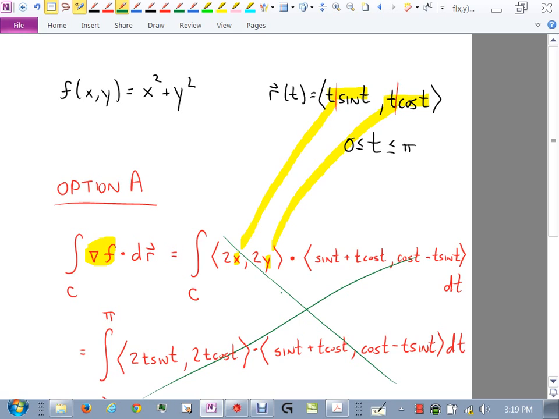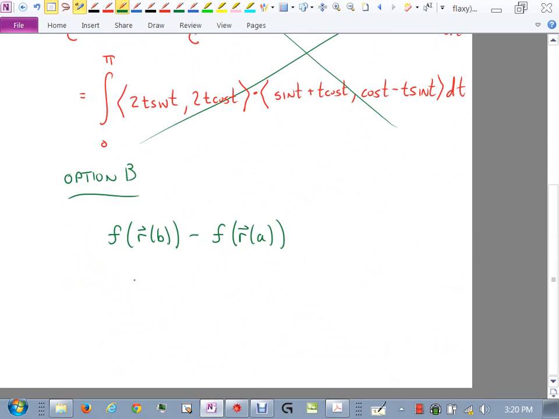Well, what's r of b? Remember what a and b are, right? A is 0, b is pi. What's r of b? So f of r of pi minus f of r of, it was 0, right? What's r of pi? It's a vector, right? What is it?